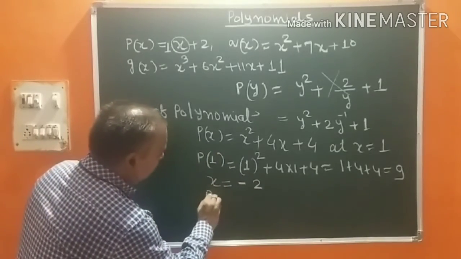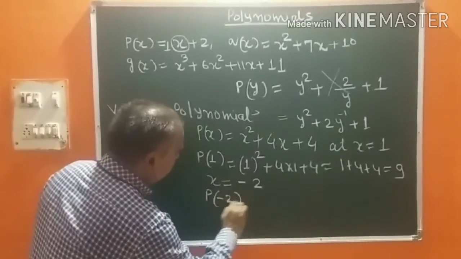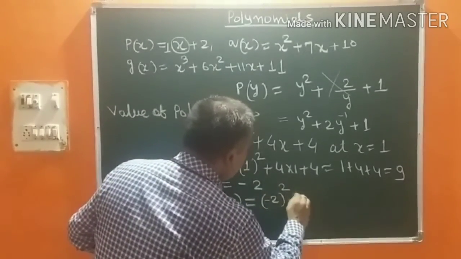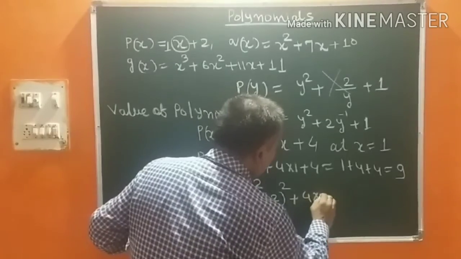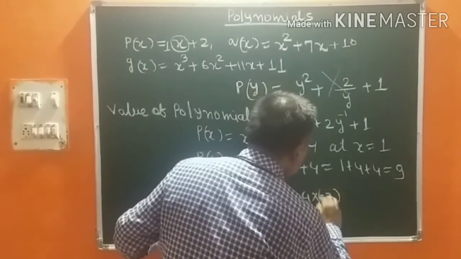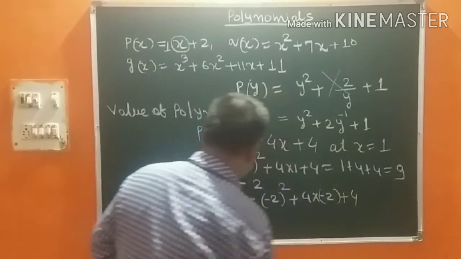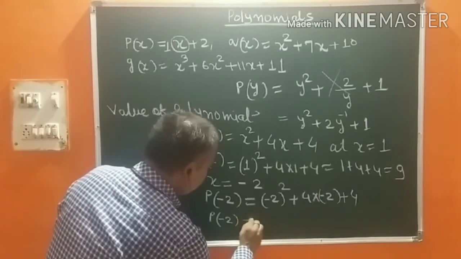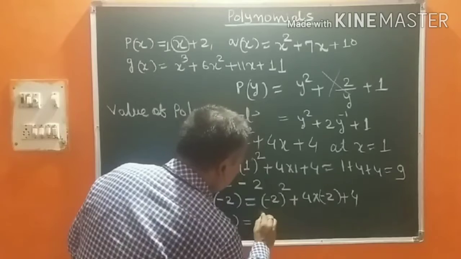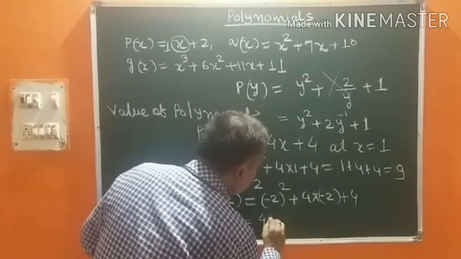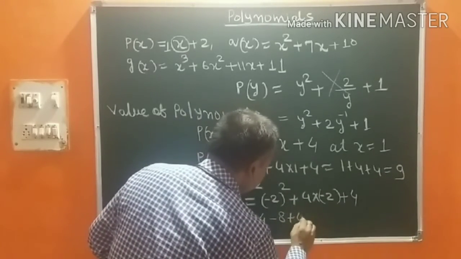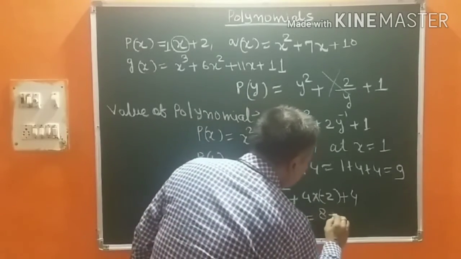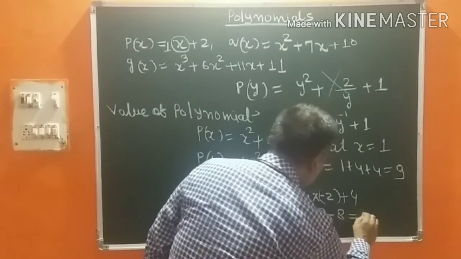So p(minus 2) is minus 2 whole square plus 4 into minus 2 plus 4. So p(minus 2) equal to, minus 2 squared is 4. Now 4 into minus 2 is minus 8, plus 4. 4 plus 4 is 8, so 8 minus 8 equal to 0.